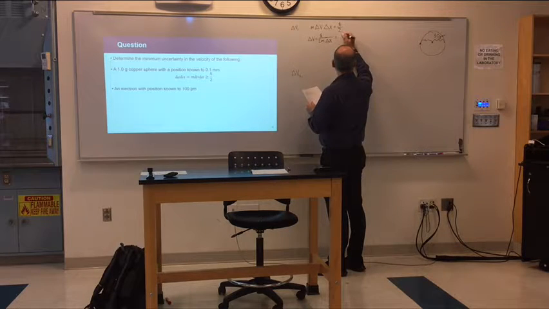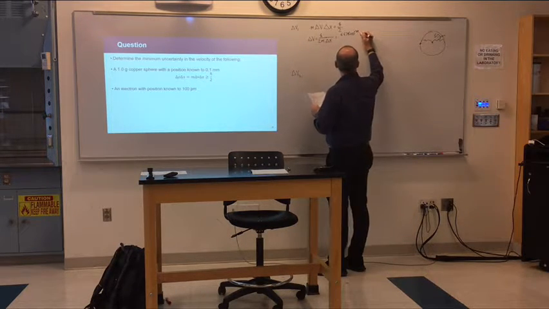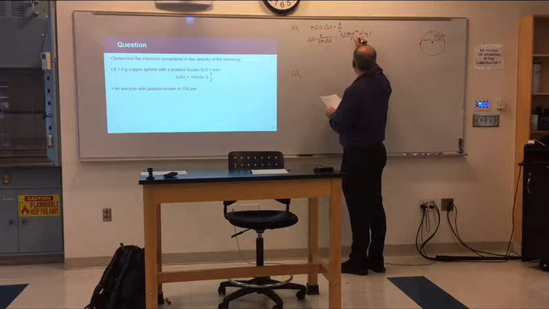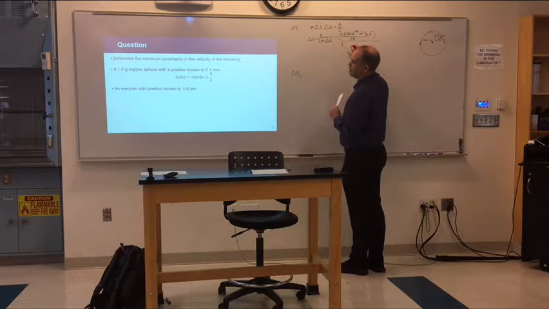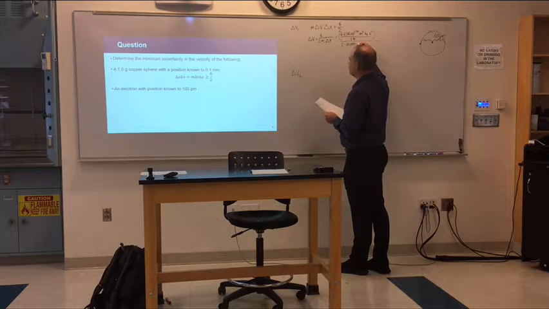So that would be 6.626 times 10 to the negative 34 meters squared kilograms seconds negative 1 over 2 pi, because it's h bar, divided by 2 times the mass. This one is a copper sphere, so that would be times 0.0010 kilograms.